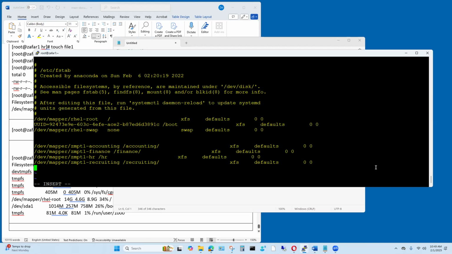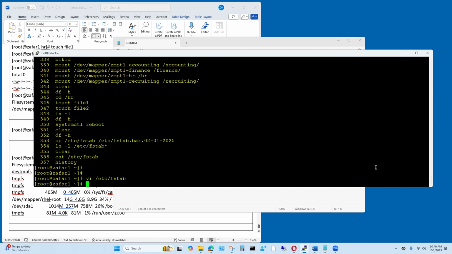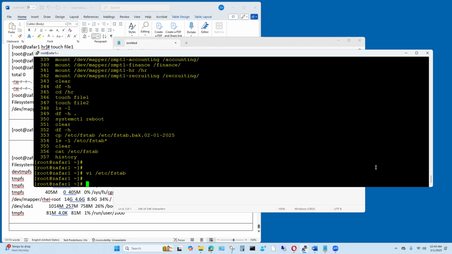Okay, and hit the escape key. Now Shift:X. This is coming from your vi class. To verify, to check you put in the correct information, cat /etc/fstab.